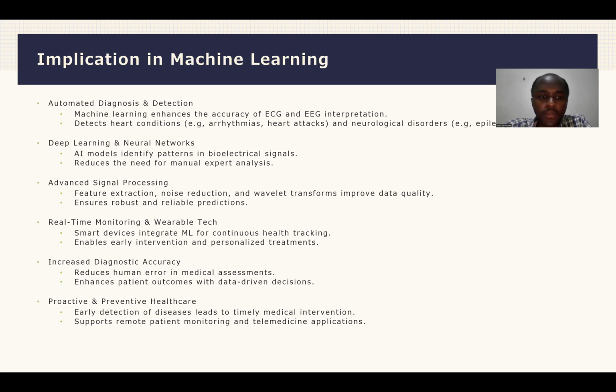Then advanced signal processing, which includes feature extraction techniques, for example the power spectral density, and also noise reduction methods that filter out motion artifacts. Then real-time monitoring and wearable tech, whereby ML-powered wearable devices, for example smartwatches and ECG patches, allow continuous health tracking.